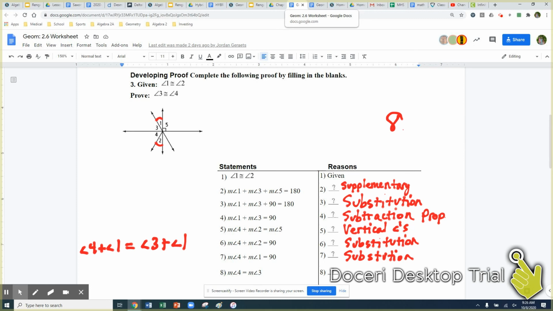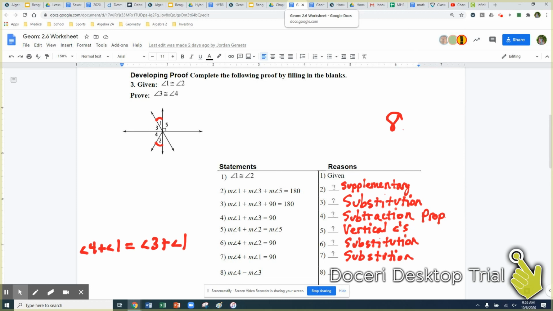Now, we still have to give a reason for what's happening from 7 to 8, or we're going to have to look back in our proof to get that angle 1, angle 3 happening. Wouldn't number 7 be transitive, because you're not subtracting something, you're just moving around?